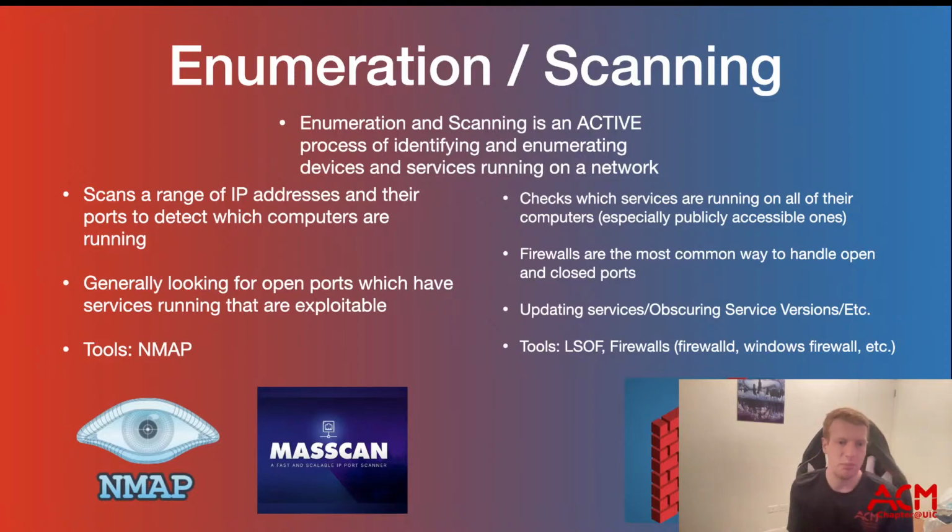Masscan is another popular tool. I think there's a newer version that's supposed to be even faster, but it's basically like Nmap on steroids. It can scan the entire internet in 10 minutes, I think it said. It's very fast.